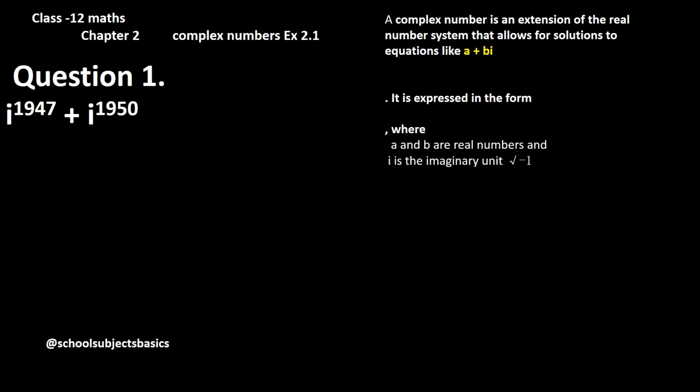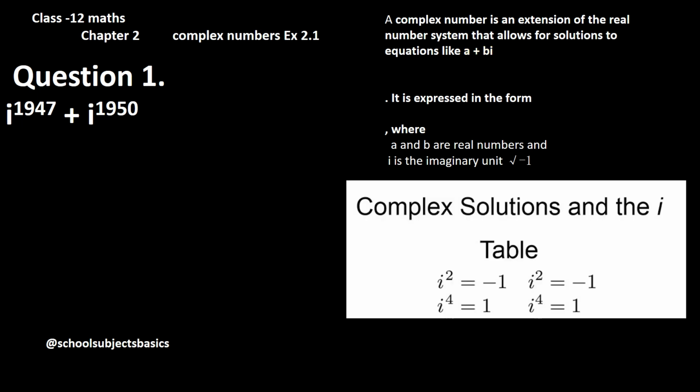The table is i^2 = -1, i^4 = 1. This we have to know.